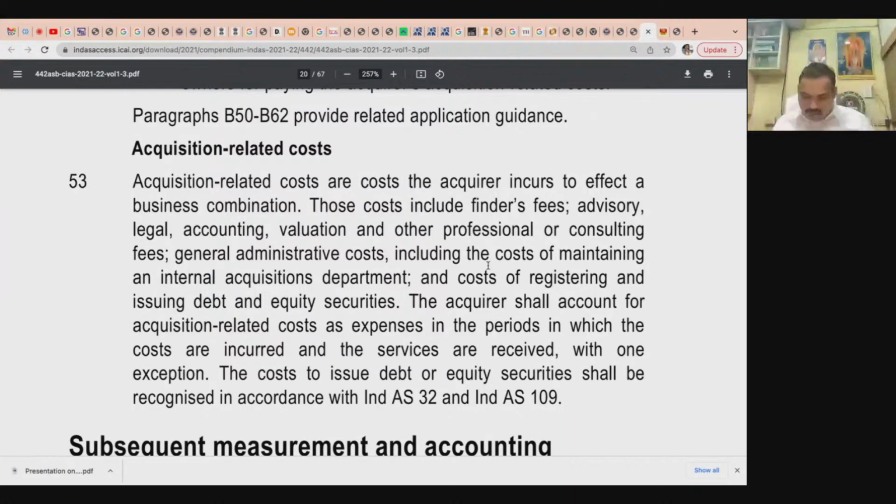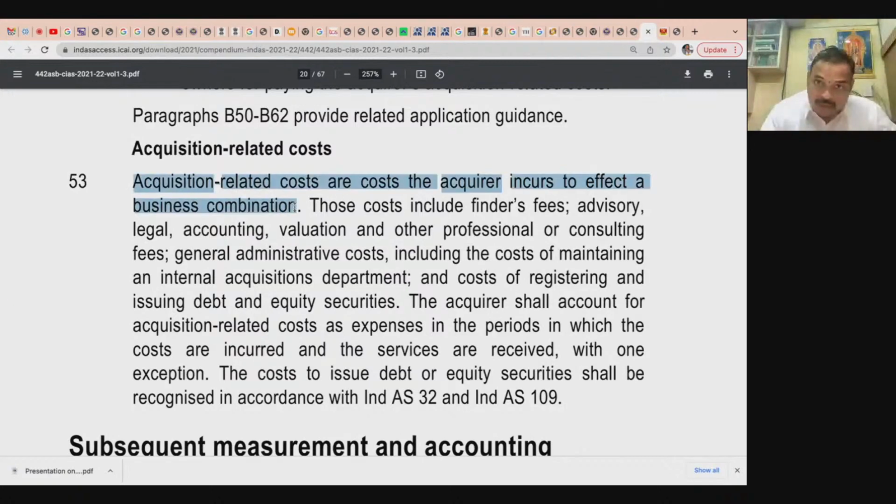So there will be a lot of expenditures. Better to have a separate secretarial department, a separate acquisition office, and all the expenditure will be done only through the acquisition office. Now that acquisition expenses, what will you do? Will you accumulate it, keep it in the balance sheet, and then amortize it over a period of years? What does 53 say?